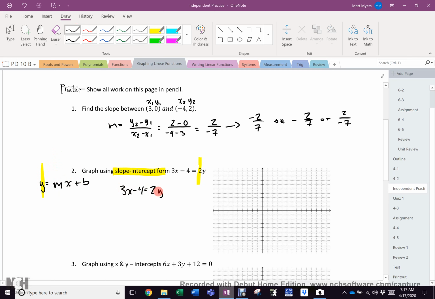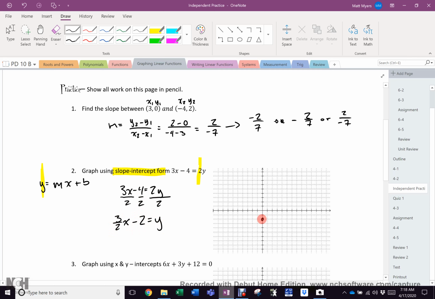I need y by itself, so I would have to divide that by 2. If I do something to the right side of the equation, what do I have to do to the left? Same thing. So I get 3 over 2x minus 4 divided by 2 is 2 equals y by itself. Y is by itself. Now I'm in slope-intercept form. Even though y is over there, it's still okay.